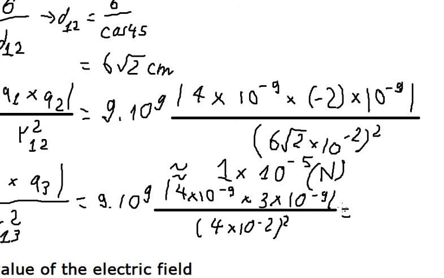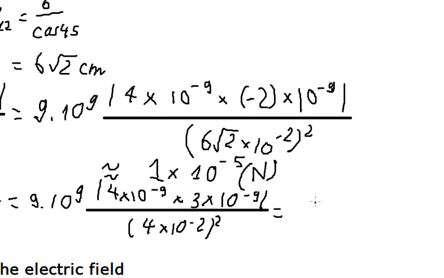So we got the answer in here. You got 6.75 multiplied with 10 to the power of negative 5 Newton.